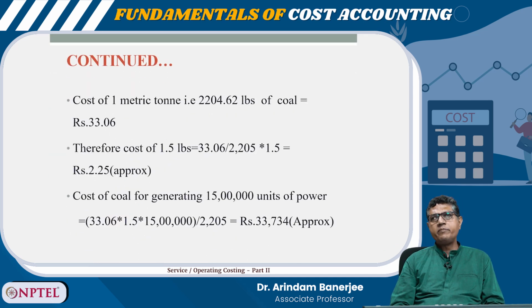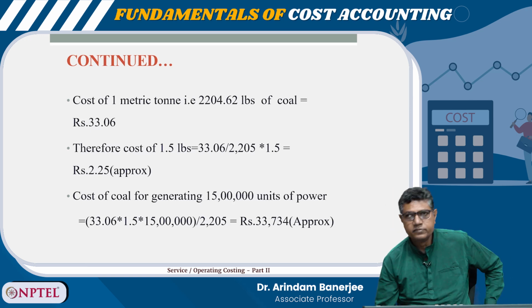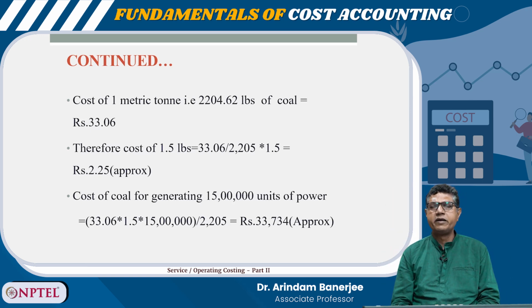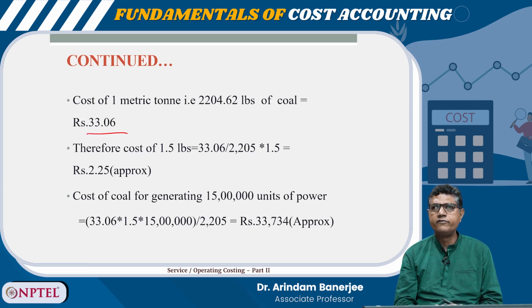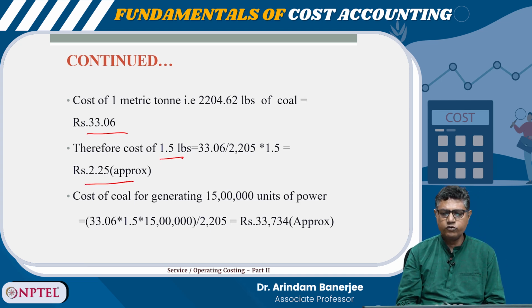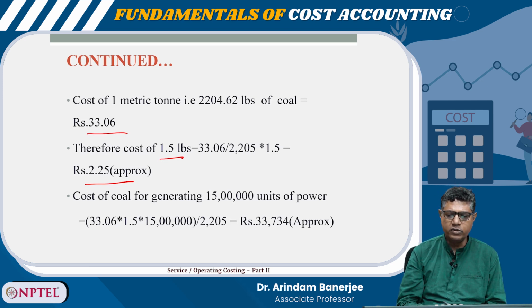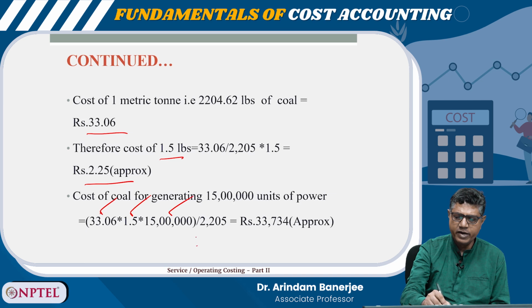So, the cost of 1 metric ton, here is the calculation given. Cost of 1 metric ton of 2204.62 pounds of coal is equal to 33.06. It is given, right. So, therefore, the cost of 1.5 pounds is approximately 2.25, and the cost of coal for generating 15 lakh units of power is 33.06 into 1.5 into 15 lakh divided by 2205.